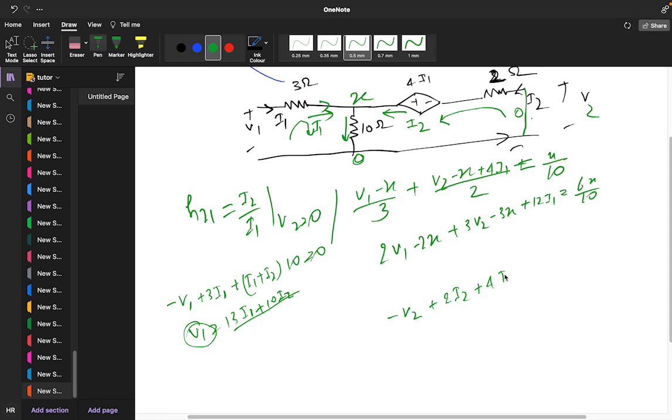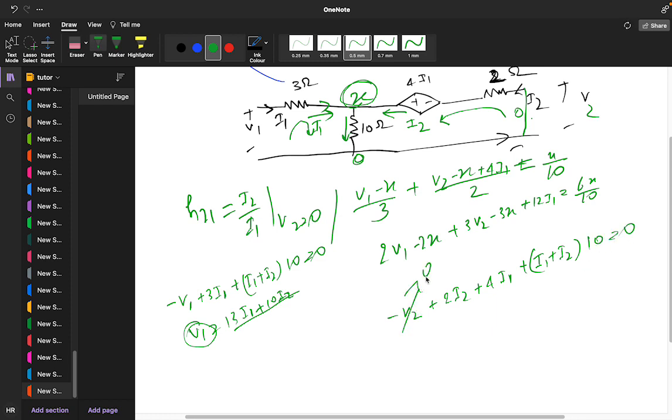plus 4 I1, and take it in terms of voltage. Let me consider it in this term only, that is I1 plus I2 into 10 is equal to 0.